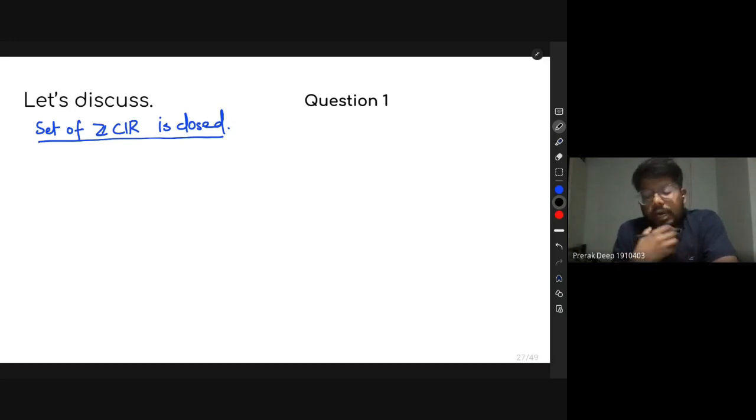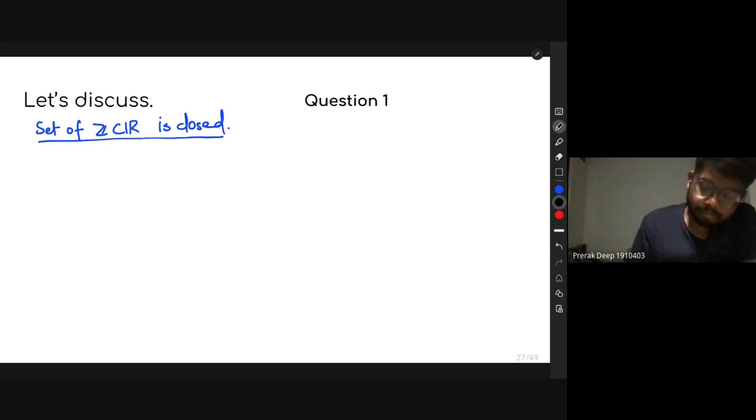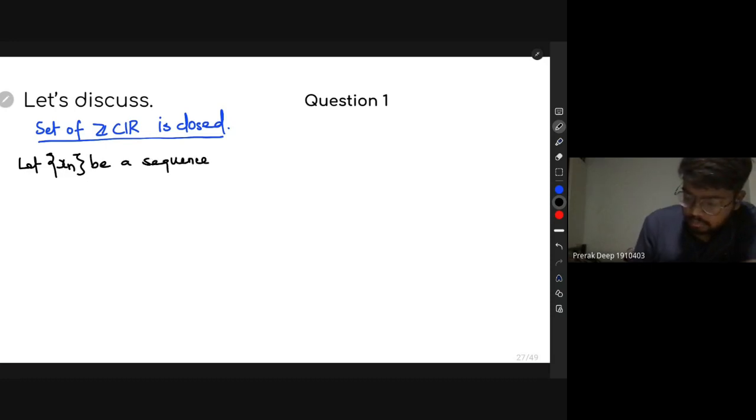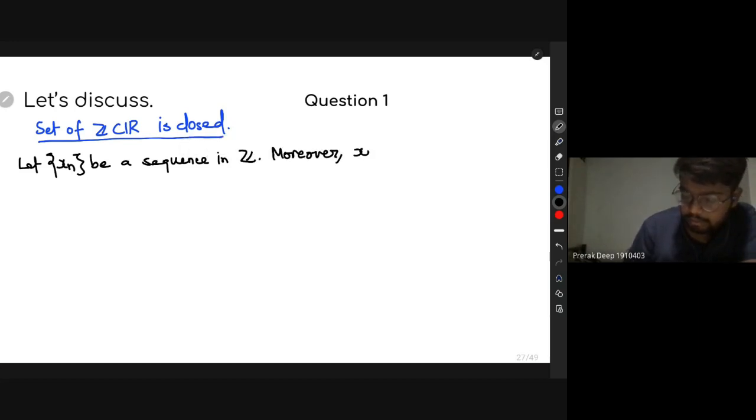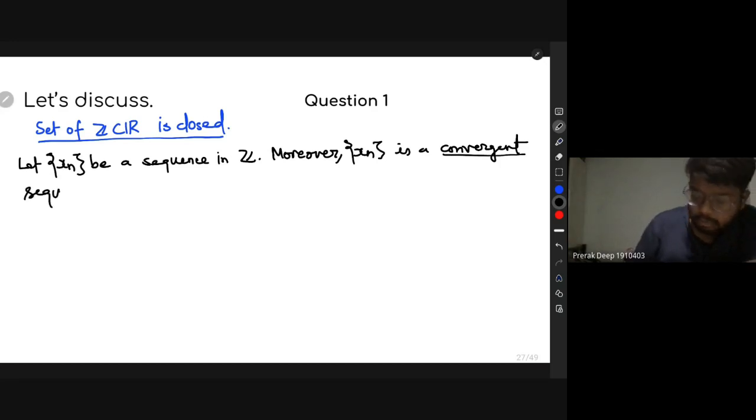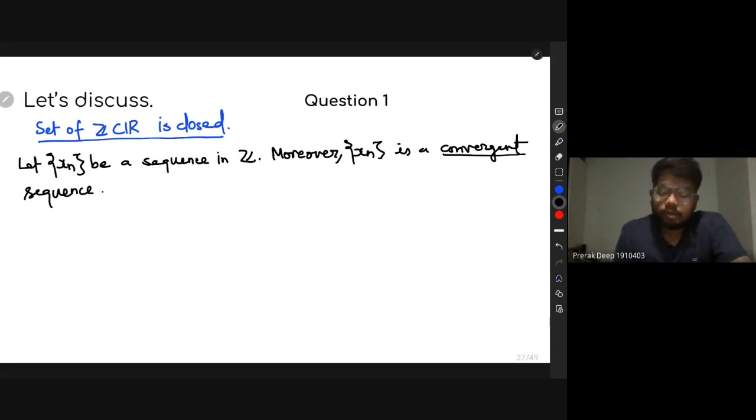If you think of a sequence xn, let xn be a sequence in Z, and moreover xn is a convergent sequence, because we are looking for limit points, so we need to start with a convergent sequence. So we start with a convergent sequence in Z.